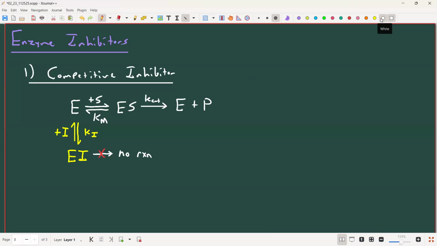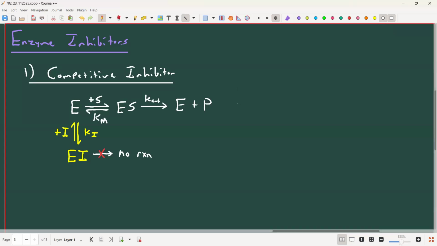Because if the enzyme is not going to associate with S, it's going to associate with I, and either it's going to break down or break this way. So there's a balance. Any rate of formation of EI is going to be equal to an opposite rate of formation of ES, and vice versa. So the two rates are equal and opposite to each other. And so what we can say here is that Km equals Ki.